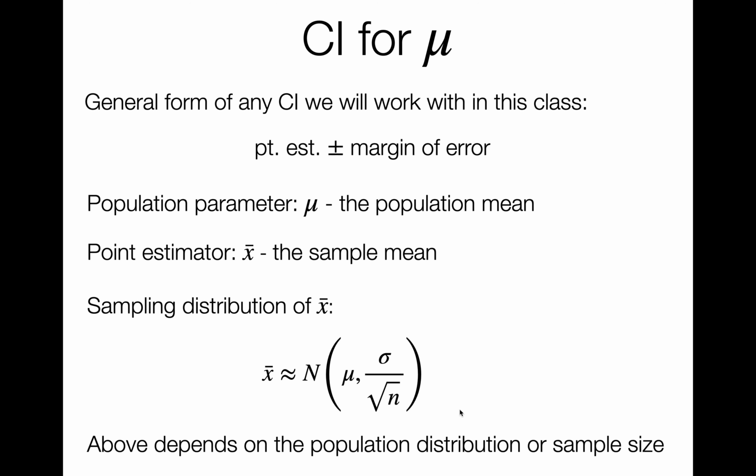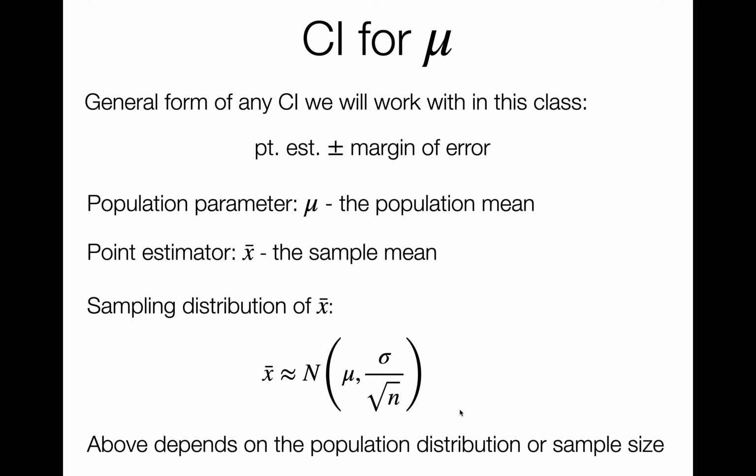Of course, that sampling distribution depends on the sample size. It also depends on how the population is distributed, or how the population behaves. We didn't really go over that in lesson 6, but there are certain cases where it does. For us, n has to be greater than or equal to 30 in order for this sampling distribution to behave.